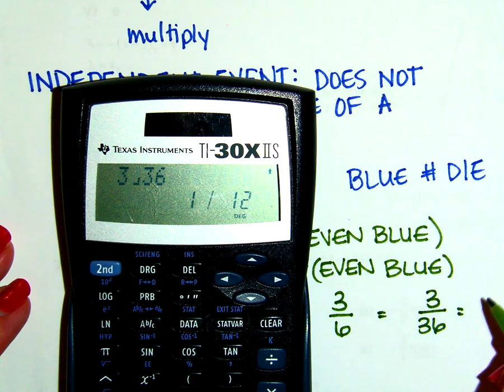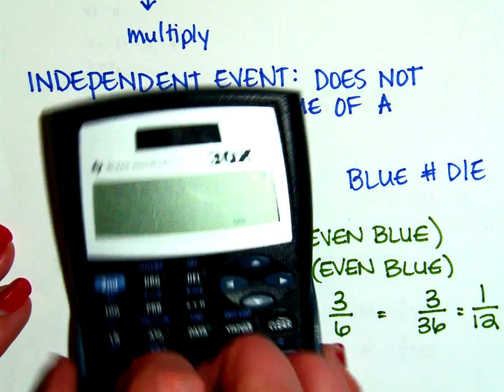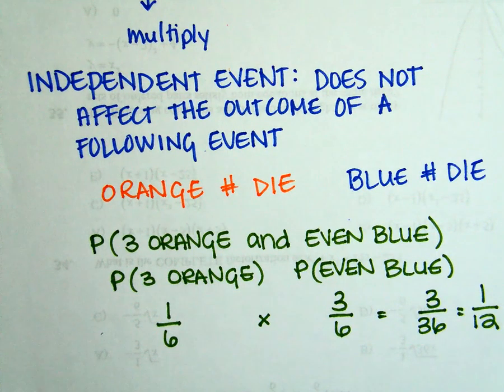You have it reduced to 1 over 12. Okay? So that means out of 12 rolls with those 2 die, you have a chance that one of those rolls could result in a 3 and an even with those corresponding die. Okay?